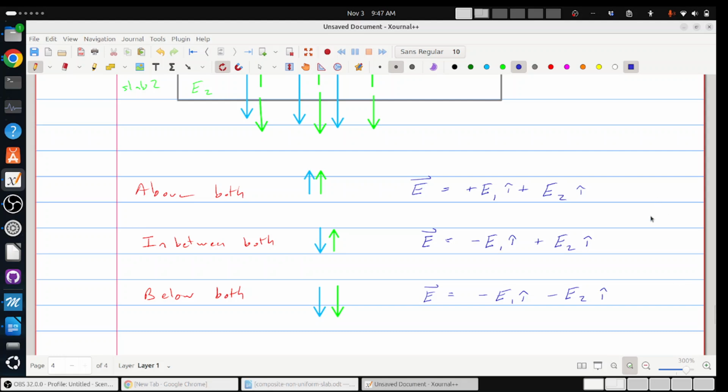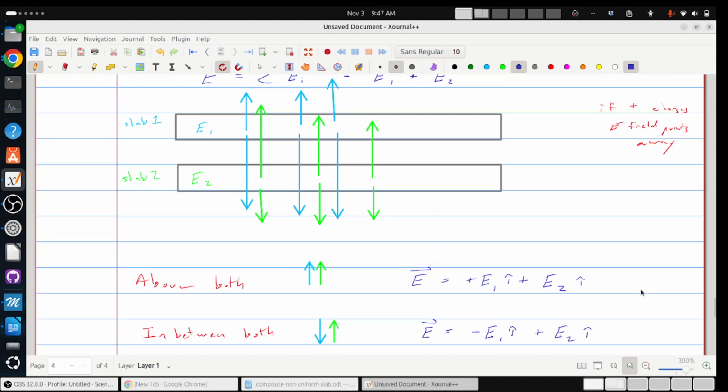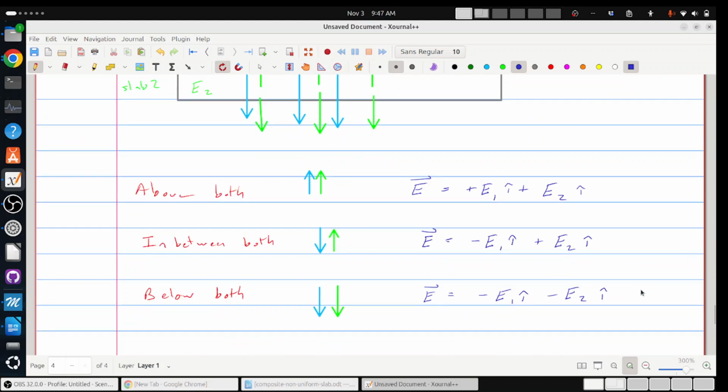And so I can find, if I know the equivalent surface charge densities of both of those, I can find the E field.